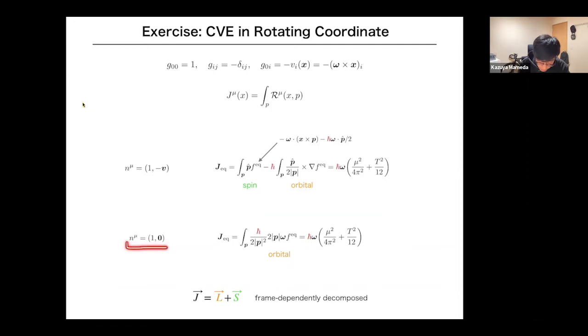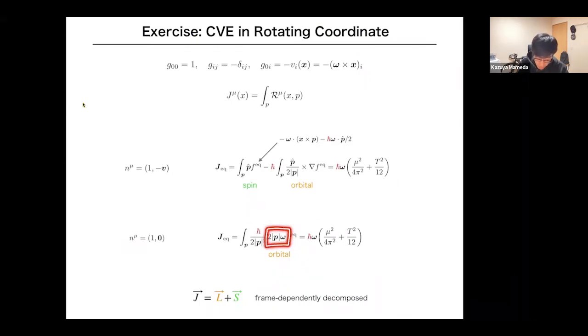However, for the second choice of the frame, we have only one term, and this corresponds to the orbital motion of the rotating particle, because this part is nothing but the Coriolis force in the rotating coordinate.